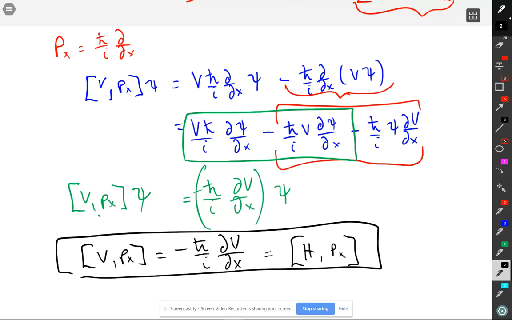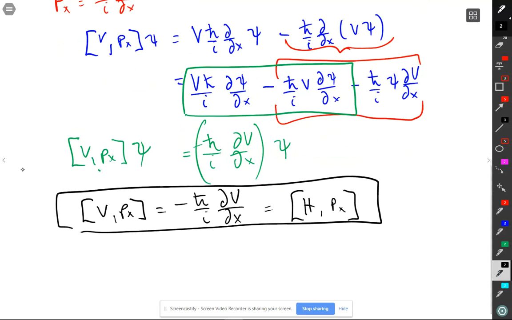Because when I was introduced to these, I thought it was simply so we could say, aha, if I have a VPX somewhere, I can replace that by PXV minus H bar over I dV dx. That was what I thought it was for when I first learned it, because that's mathematically what you're doing. But it turns out that it's much more meaningful to me now in terms of why I said you can't know them both at the same time.